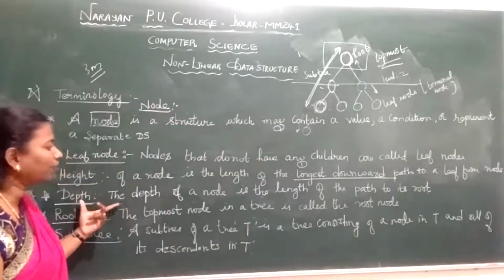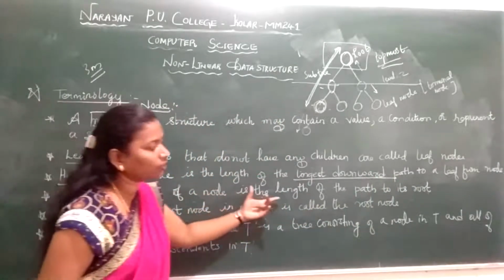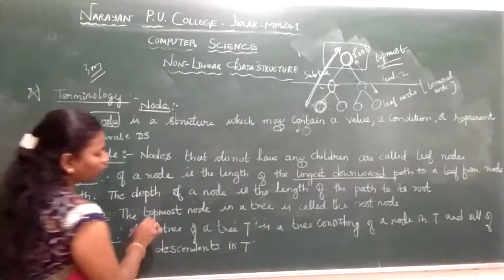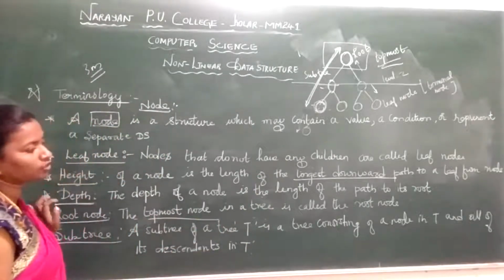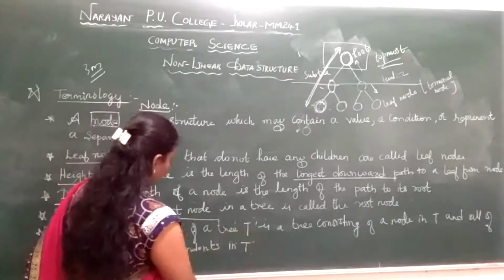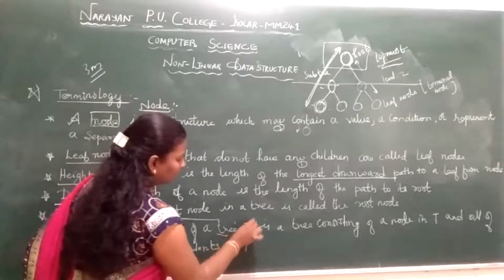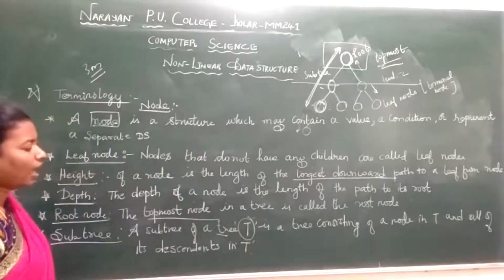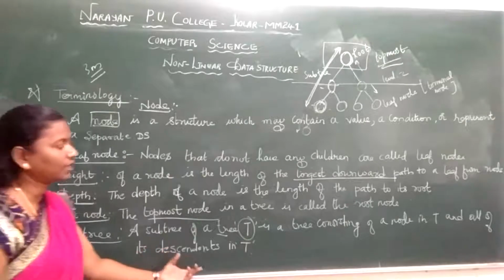The depth of a node is the length of the path to its root node. The root node is the topmost node in a tree. A subtree of a tree T is a tree consisting of a node in T and all of its descendants in T.